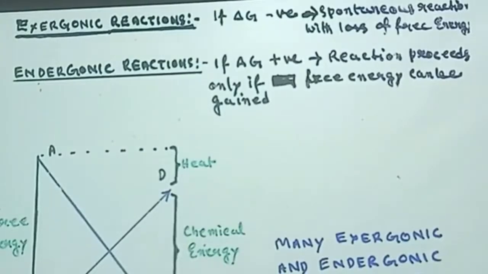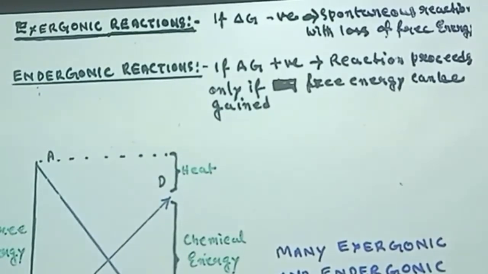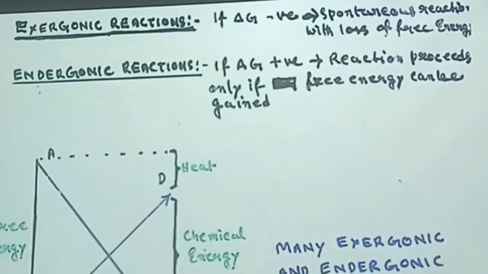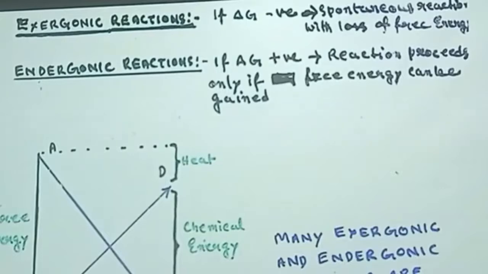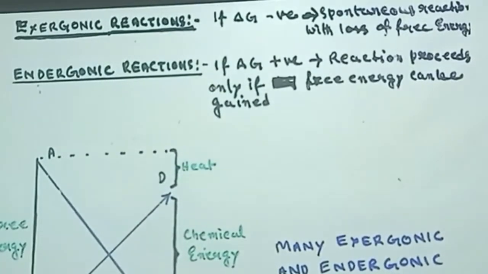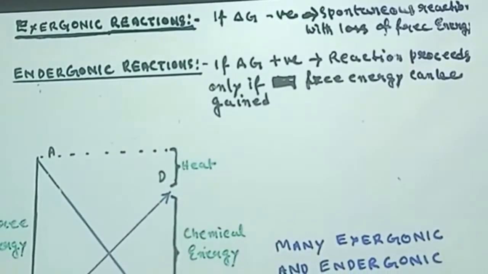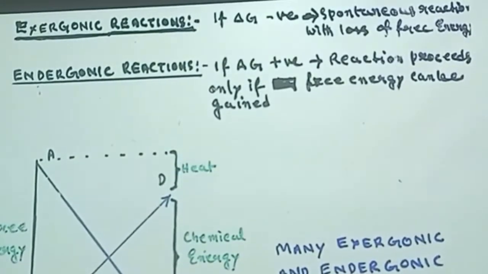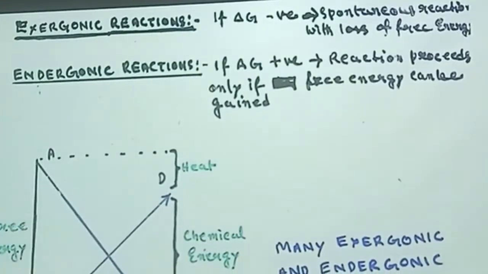So both types of reactions are required. We require synthetic reactions, to build glycogen from our extra glucose for storage, and we also need to break down glycogen to form glucose whenever required. So in both cases, a group of exergonic and endergonic reactions happen, and most of the time these are coupled.